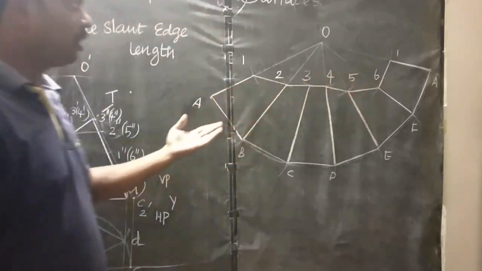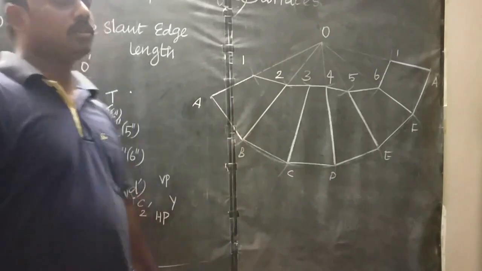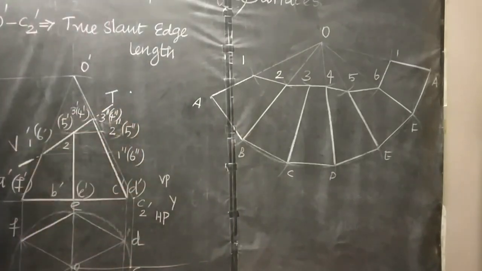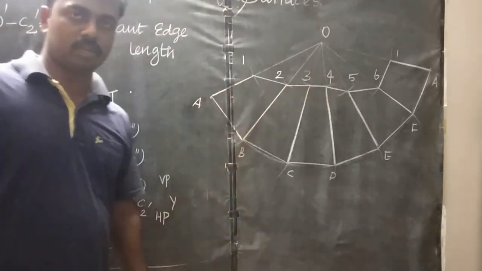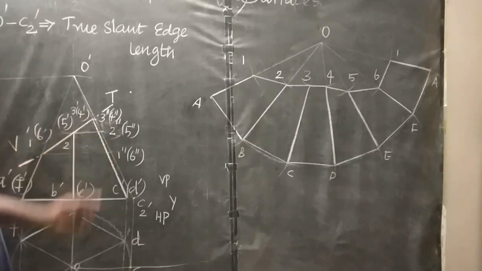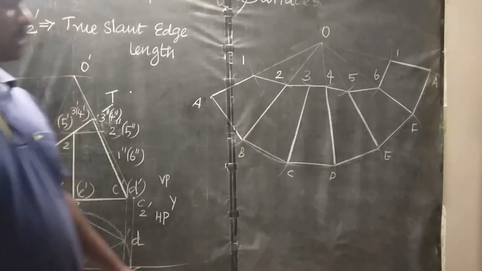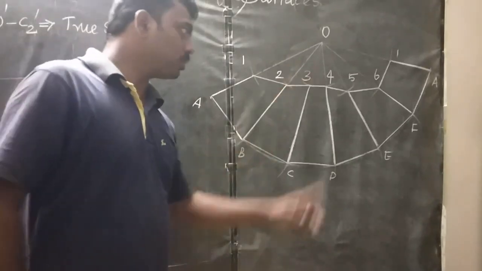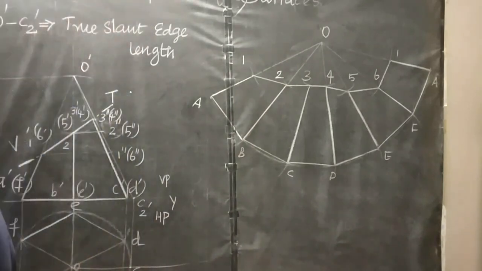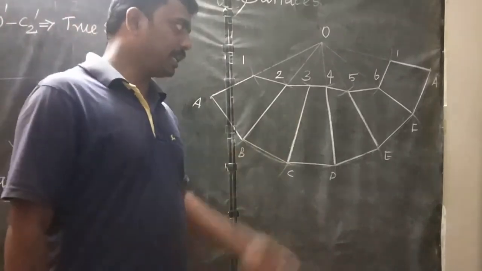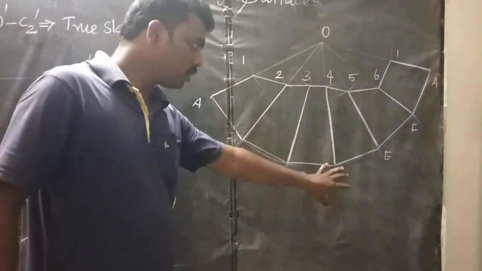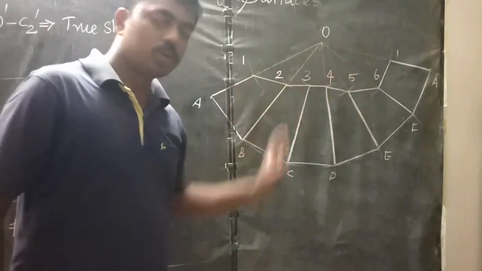Then measure the distance from O dash, O dash to 1 double dash, then points 1 and 6 are transferred here. Then O dash to 2 double dash. That length is transferred to the OB slant edge and OF slant edge. Then O dash to 3 double dash radius. That distance is transferred to its corresponding slant edges, that is the OC and OD slant edges.